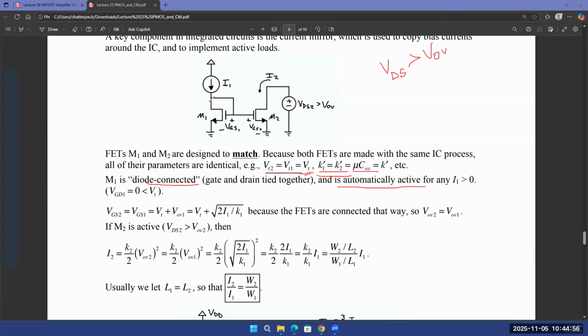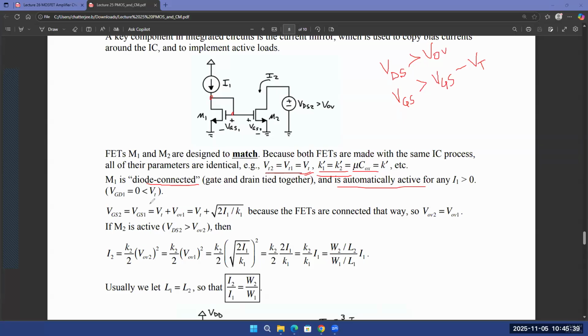By the physical connection of the gate and drain being together, you can write VDS equal to VGS for the diode-connected transistor. And V overdrive is nothing but VGS minus VT. For an NMOS, VGS is always going to be greater than VGS minus something when all the quantities are positive. That is the reason why the diode-connected MOSFET is automatically always in the active region. So if you see a diode-connected MOSFET, you don't even need to analyze; it will always be in the active region.